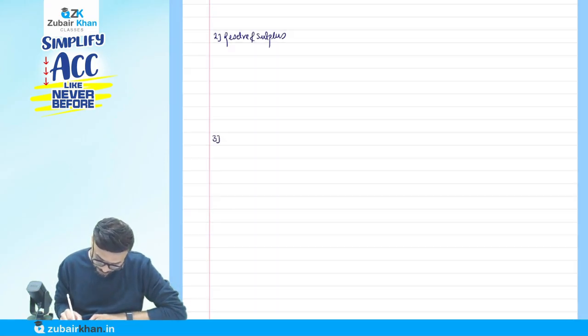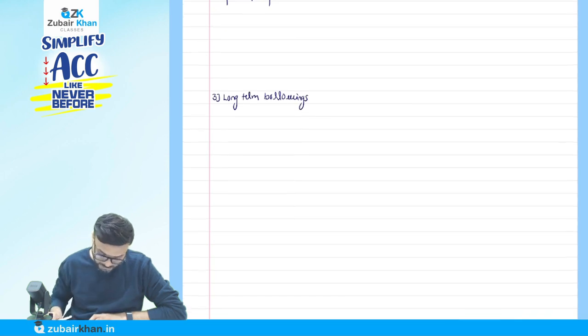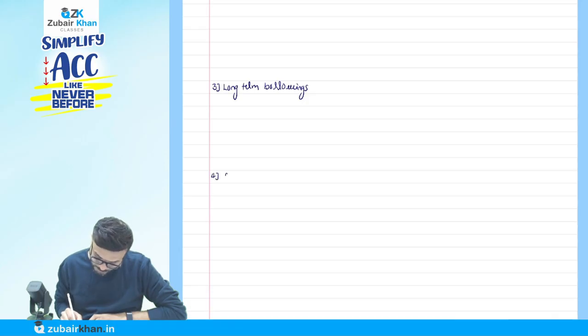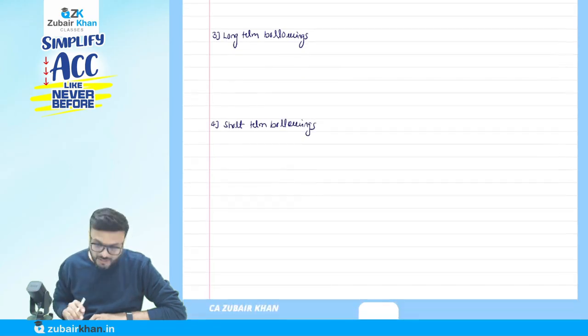Then 3, long term borrowings, 4, 5 lines. Now 4th, short term borrowings, on an average 4, 5 lines.